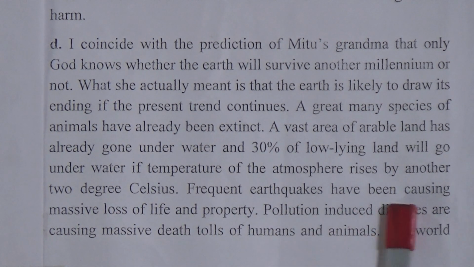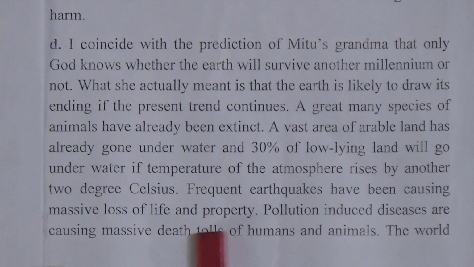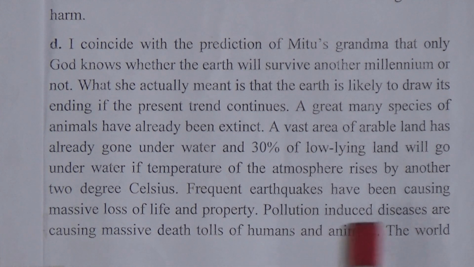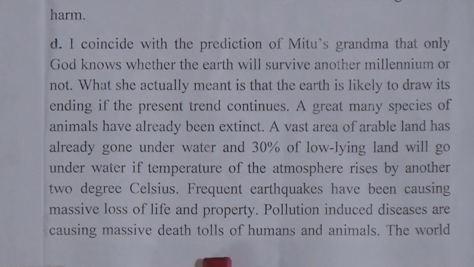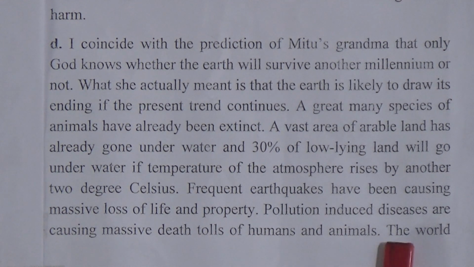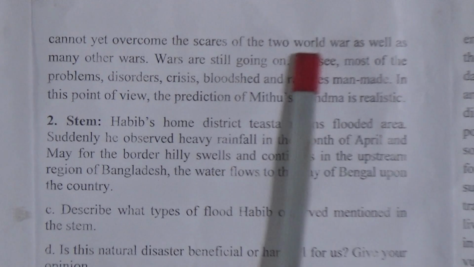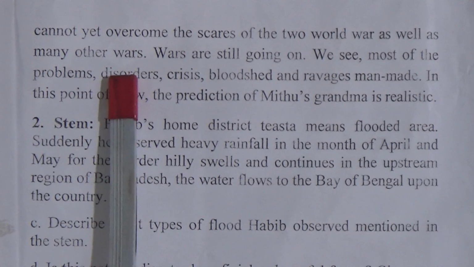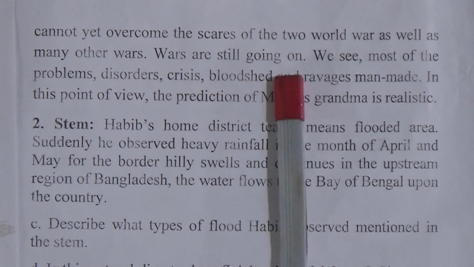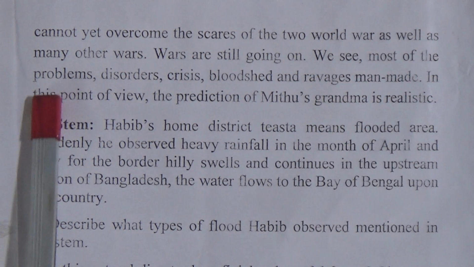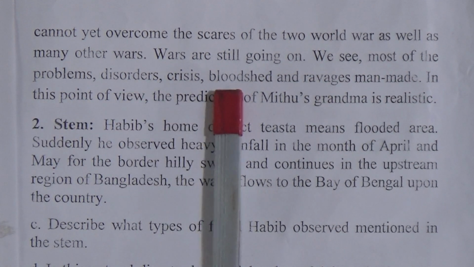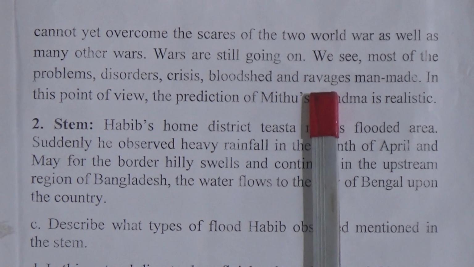Frequent earthquakes have been causing massive loss of life and property. Pollution-induced diseases are causing massive death tolls of humans and animals. The world cannot yet overcome the scars of the 2 world wars as well as many other wars. Wars are still going on. We see most of the problems, disorders, crises, bloodshed, and ravages are man-made.